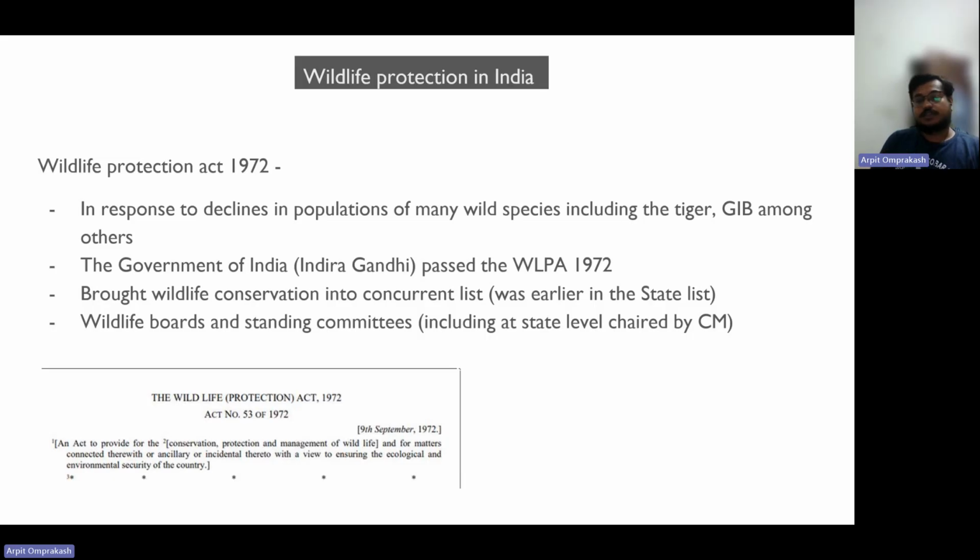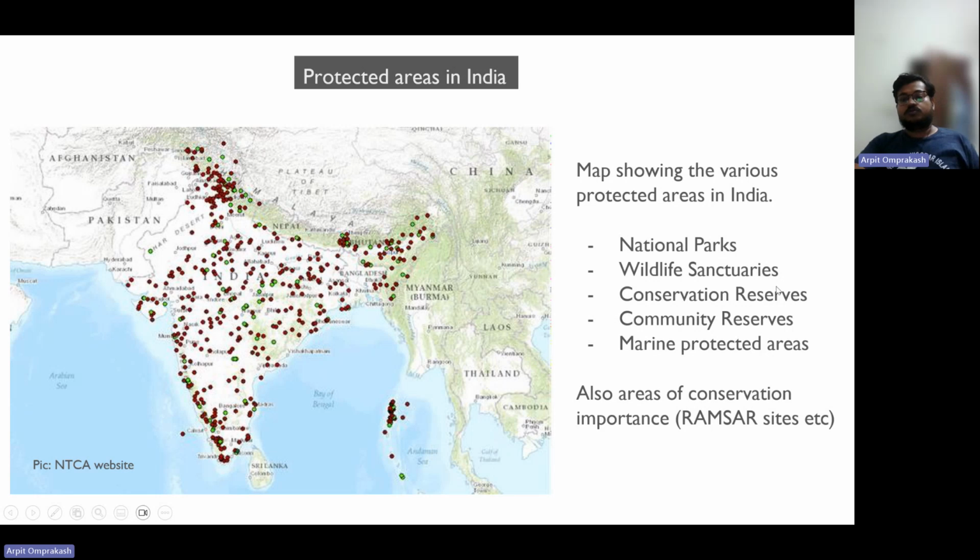And then we have wildlife boards and standing committees, including a state level committee that is chaired by the CM. Based on that, they have decided various protected areas that are present in India, including different national parks, wildlife sanctuaries, conservation reserves, community reserves, and also marine protected areas.